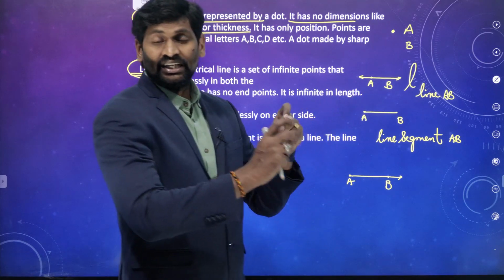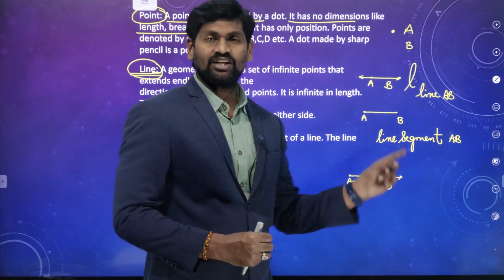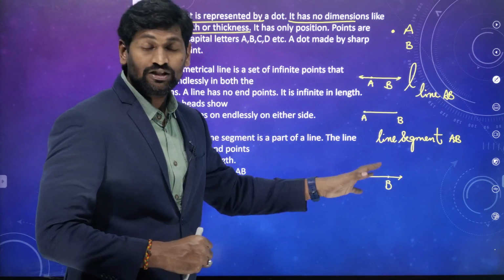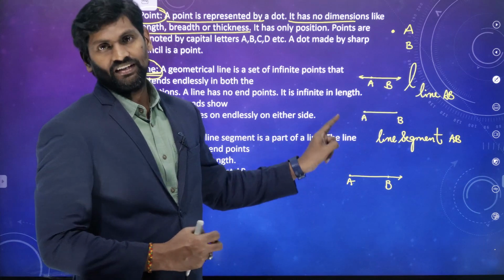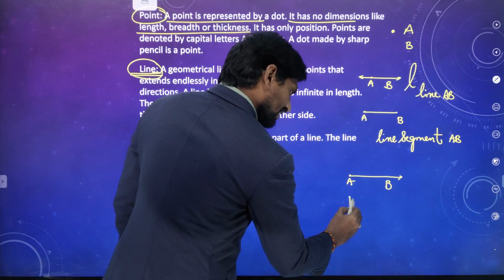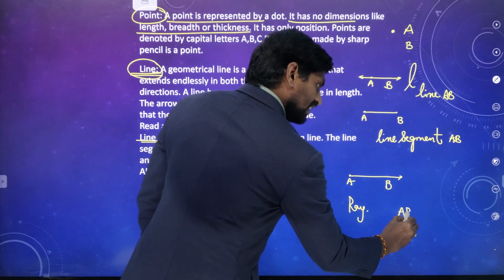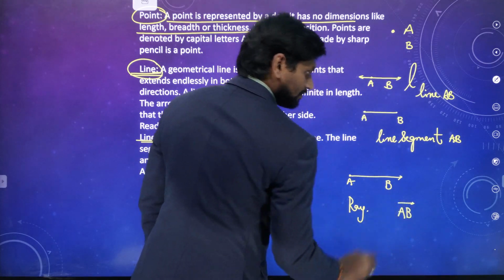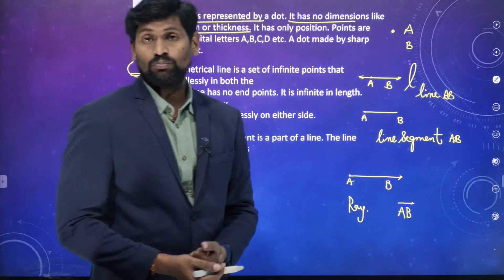A line can be extended in both directions, right side or left side. So a ray is also one part of a line. While representing a ray, we write ray AB, and over the letters AB we show an arrow mark like this.